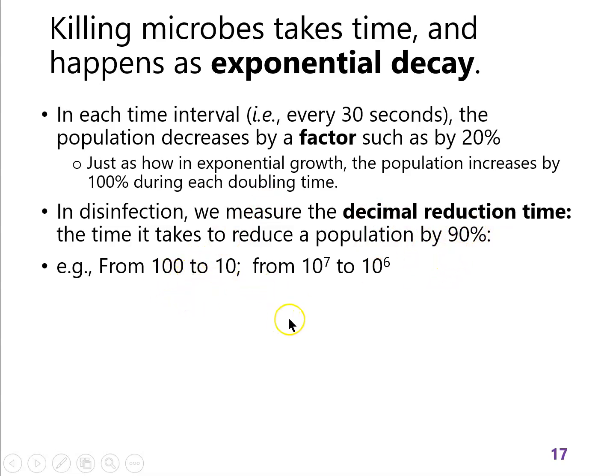And so we think of it as the decimal reduction time, whether it is from 100 to 10 or from 10 million down to 1 million, or 10 trillion down to 1 trillion. And that's really what exponential decay is. It takes the same amount of time to do this tenfold decrease as it does to do this tenfold decrease.